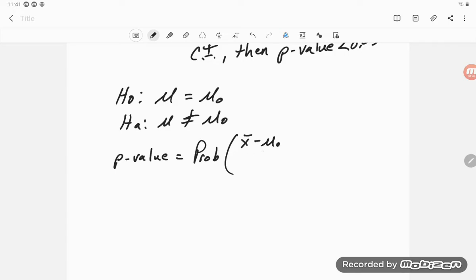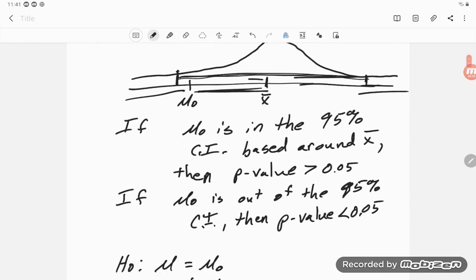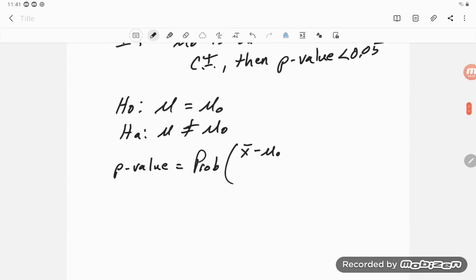All we're doing is finding how far is it, looking back here, how far is this? That's all we're asking there. And then, to put it into one of these tables, we need to do it in terms of standard errors, so divided by the standard error.